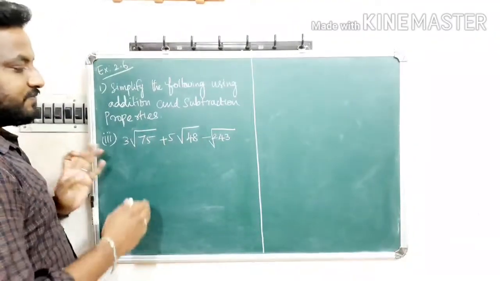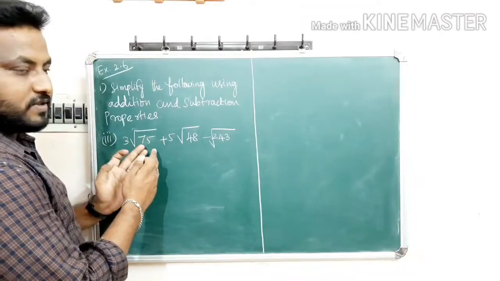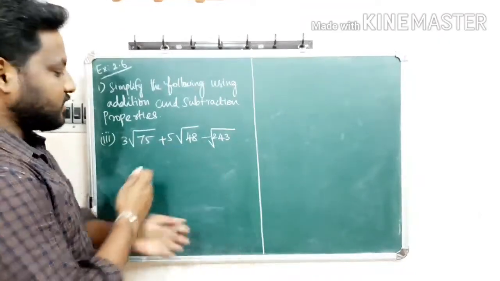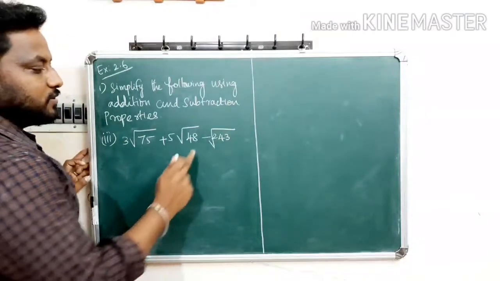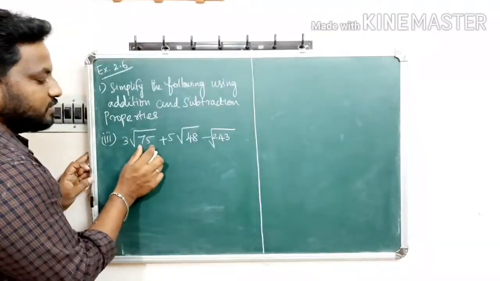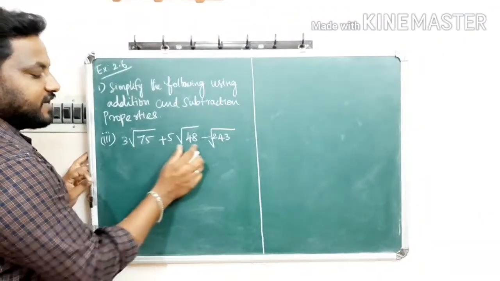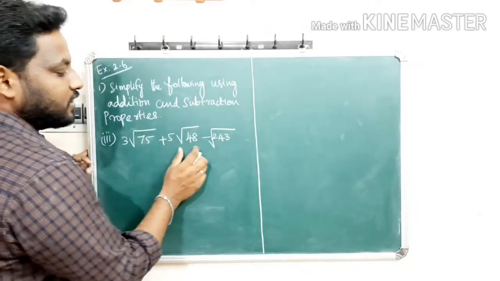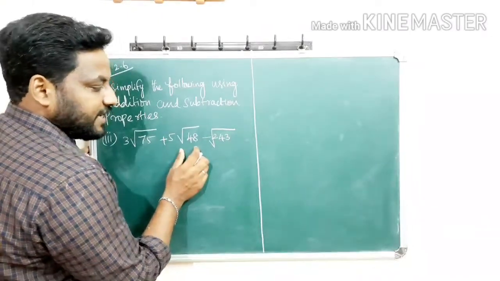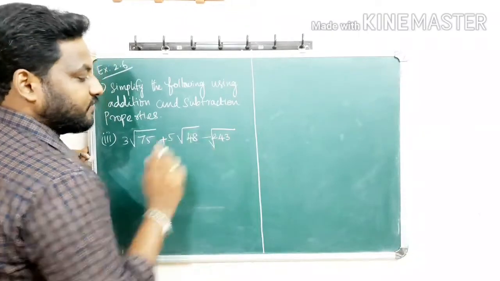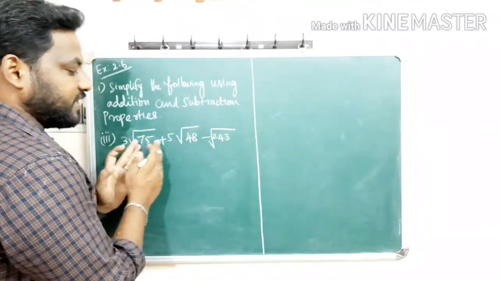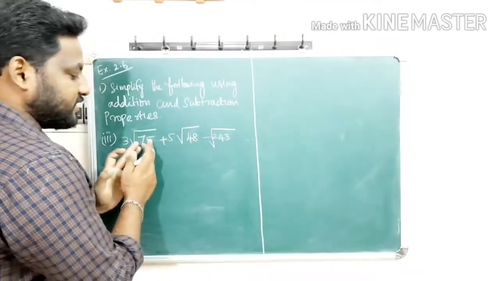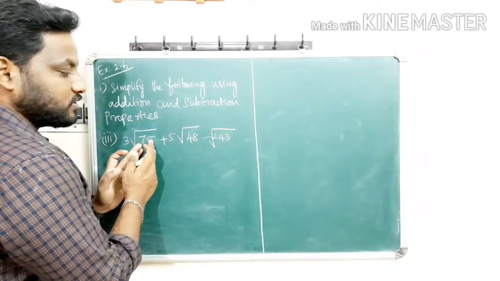In the earlier sums, they already gave root 3 or root 5 as a common number, so we can directly take the root value as common. But here the root numbers are given as different, that is root 75, root 48 and root 243. Here we have to split the numbers inside the square root.